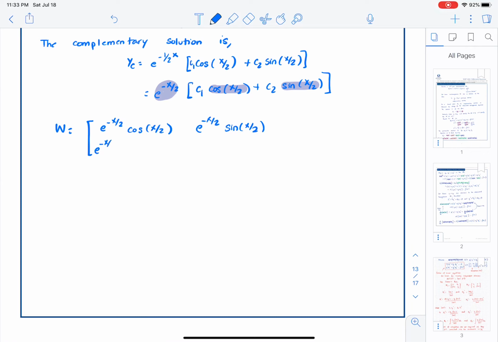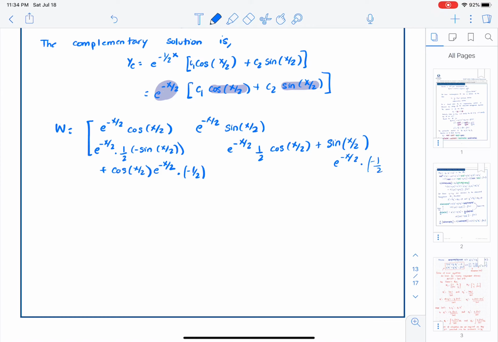So e raised minus x over 2 times 1 over 2 minus sine x over 2 plus cosine x over 2 e raised minus x over 2 multiplied by negative 1 over 2 over here, e raised minus x over 2 1/2 cosine x over 2 plus sine x over 2 e raised minus x over 2 times minus 1/2.